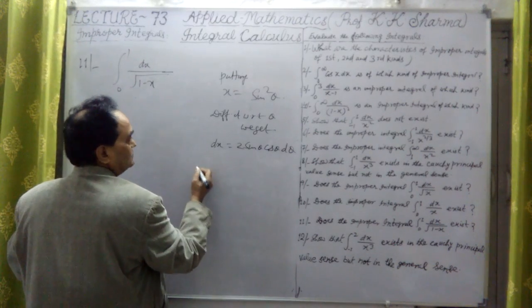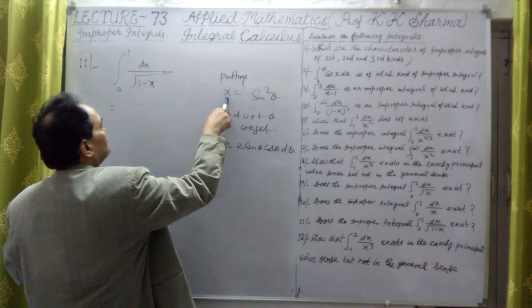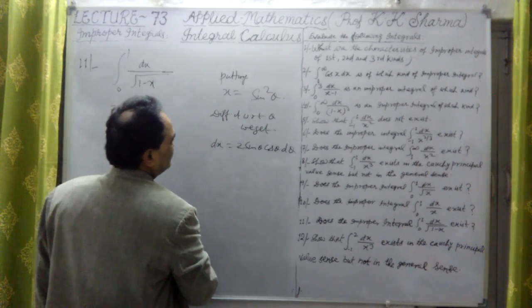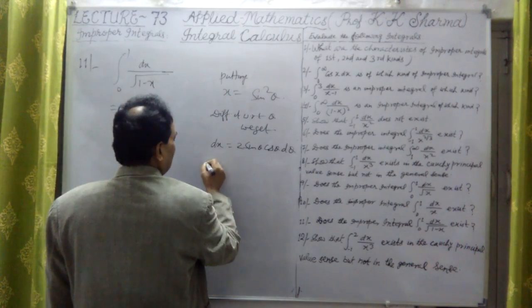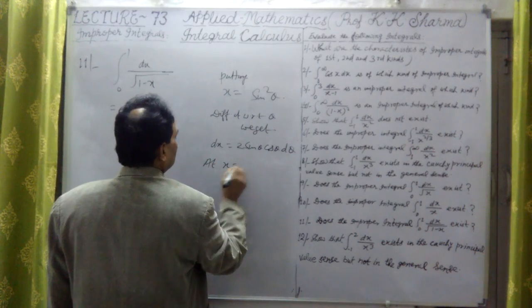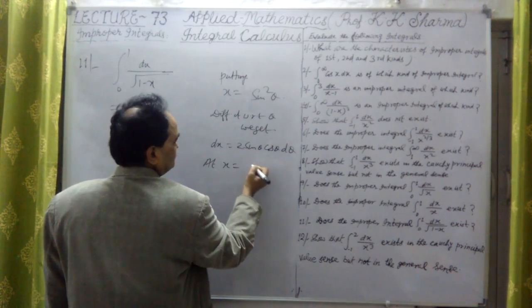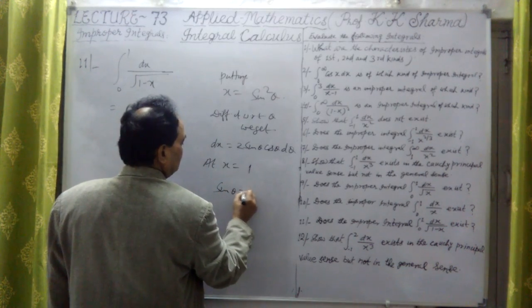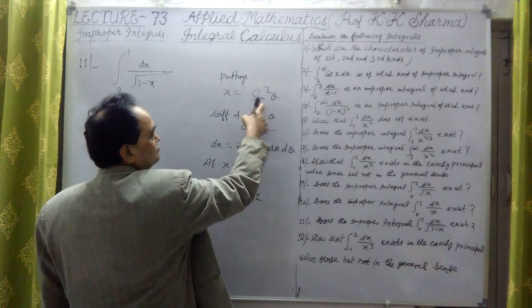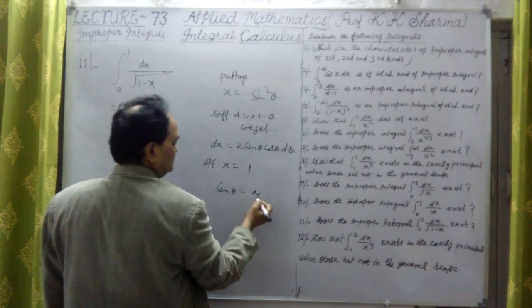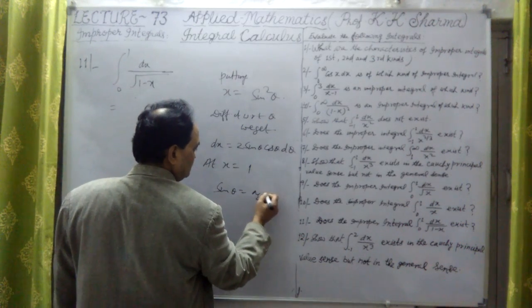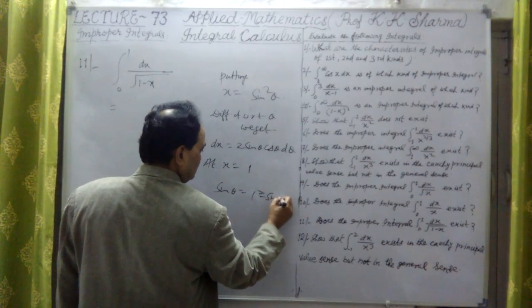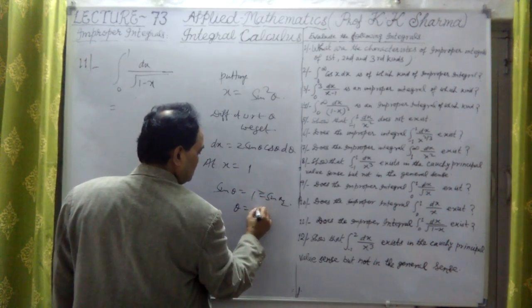Now the limits, let me change. At x equal to 1, sine square theta is 1, so sin theta equals 1, which is sin pi by 2, so theta equals pi by 2.